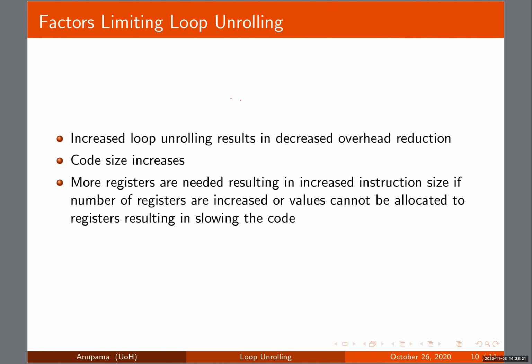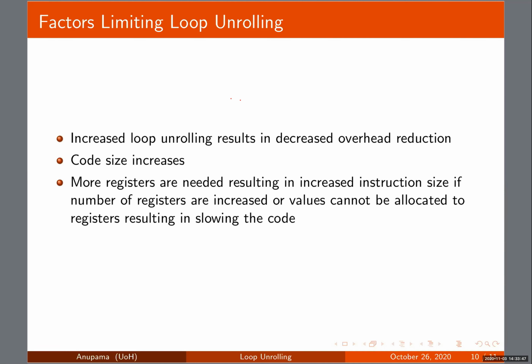It's something you hear about everywhere in the world, right? Diminishing returns over time. Similarly, if you do too much loop unrolling, then your reduction in overhead is not as much as it would be in the beginning.